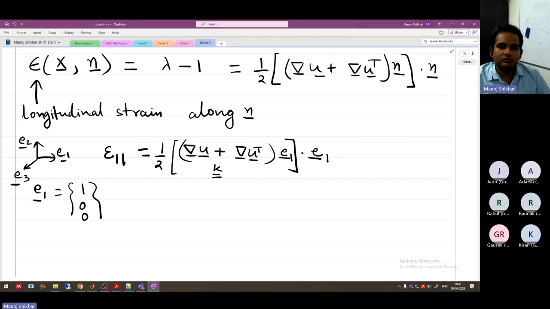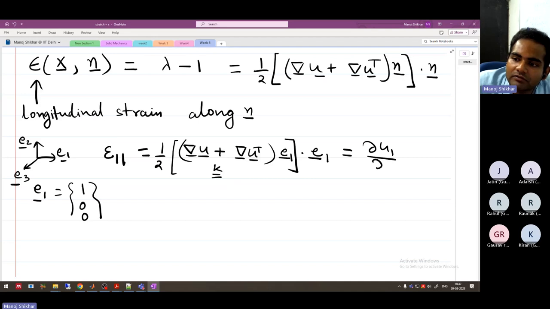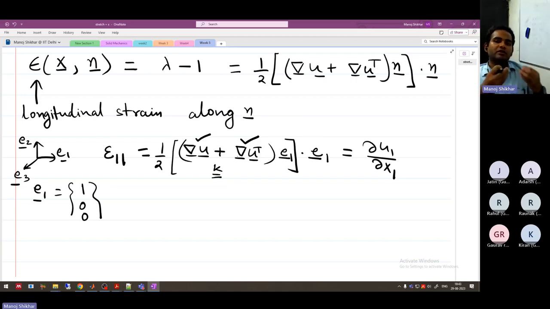So the final answer will be del u1 by del x1. That is the first row and first column element of del u plus the first row and first column element of del u transpose, divided by 2, which will give you epsilon 1,1, the longitudinal strain along direction E1.